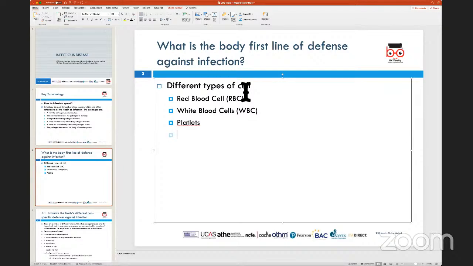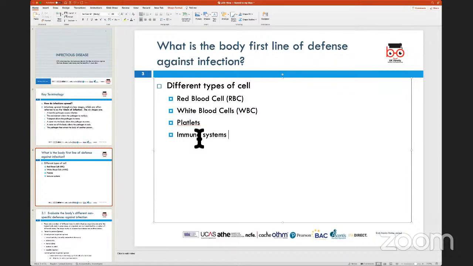Now, when we look at the first line of defense within the human body, we talk about, for example, the immune system, which is the kind of first line of defense as far as the human body is concerned. So this could be the skin.